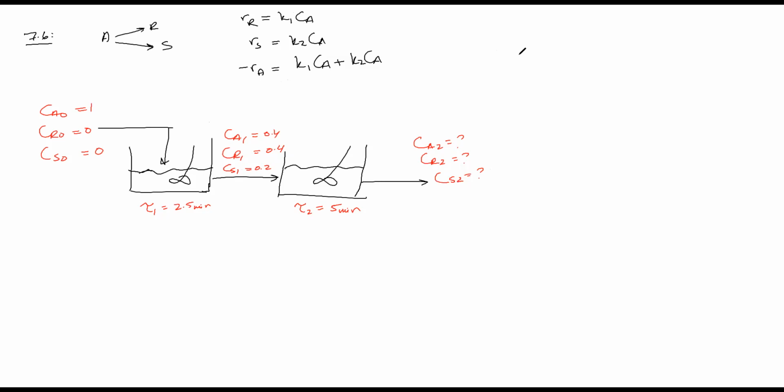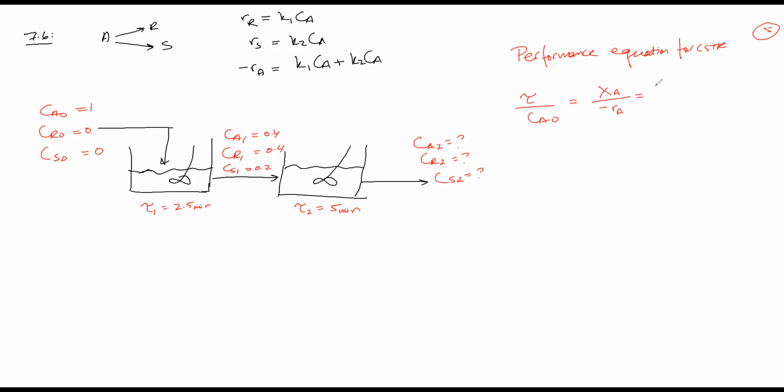So first of all, let's have a look at the performance equation for CSTRs. With respect to A, it's tau over Ca naught equal to Xa over minus Ra.